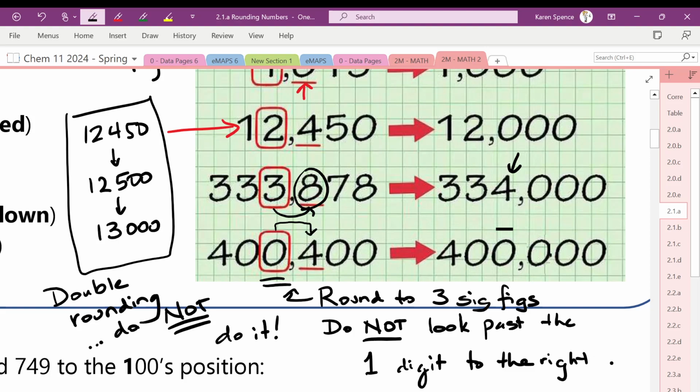So I'm going to round down. I'm going to round to the 0. But if I don't put an overbar here, then I would have only how many Sig Figs? I would have only 1 Sig Fig. So if you're asked to round to 3 Sig Figs and this number is going to be a 0, then you would want to put the overbar to indicate that that 0 is your last uncertain digit.